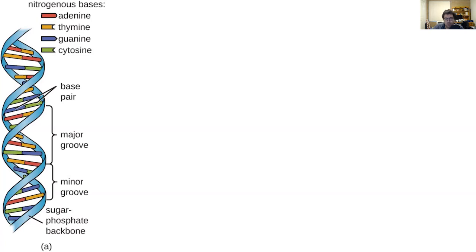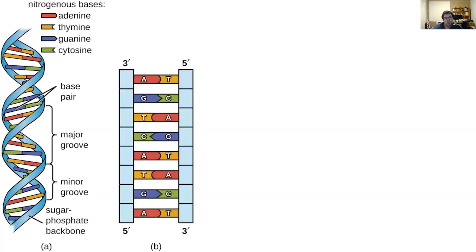Now, shown in our second picture is a slightly simpler representation of the structure of DNA, one that I personally could actually draw. I think I would be challenged to draw the first representation. It doesn't show the helix nature of the structure, but it does clearly show the nucleotides and the difference between them.